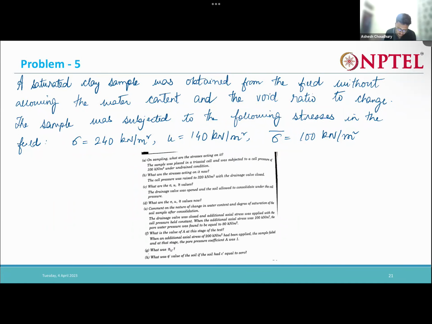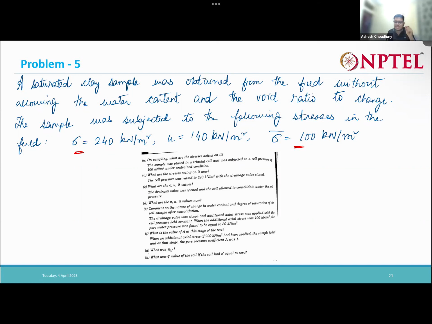On sampling, what are the stresses acting on it? So this is the effective stress, and this is the stress that is being encountered in the field. What is the effective stress?